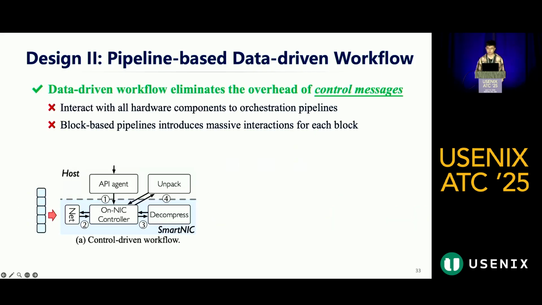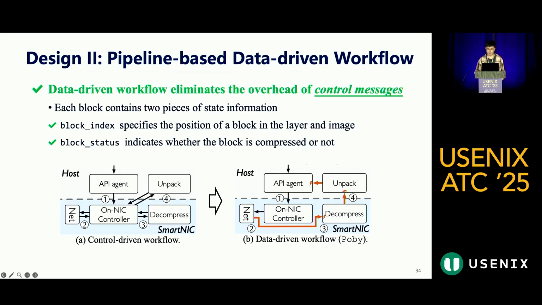Moreover, we propose to change the control-driven pipelines to data-driven to alleviate the problem of control information explosion. As shown in this figure, the pipeline driven by control flow requires the controller to interact with each component to coordinate the pipelines. The block-based pipeline division requires the controller to coordinate these operations for each block with all components, which leads to control information explosion.